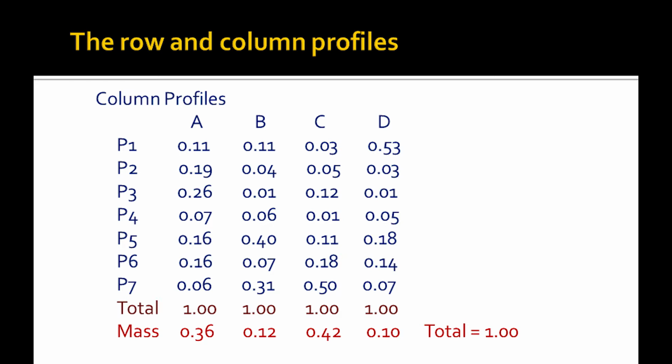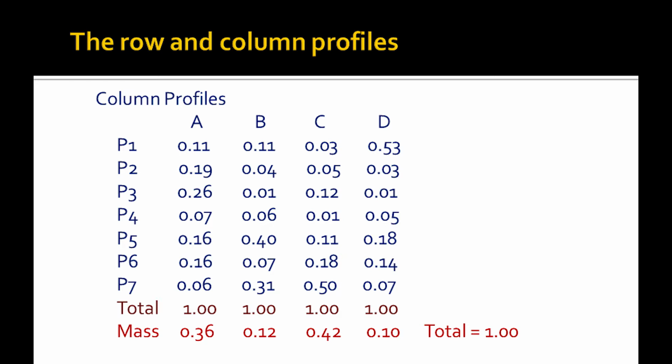So we can say that 36% of the potteries found come from site A, 12% from B, 42% from C, and 10% from D. So it gives us an idea as to how many potteries come from which site.